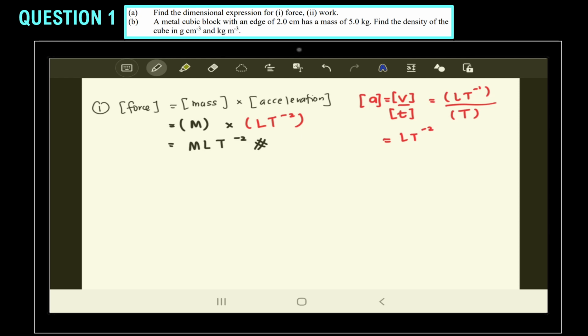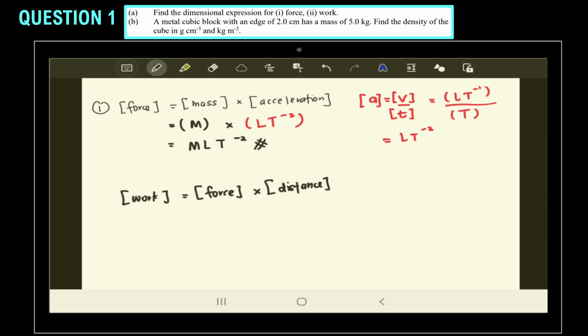Okay, alright, so next, dimension for the work. The equation of work is equal to force times distance. So we want to find what is dimension of work, and what is dimension of force times dimension of the distance. Remember W is equal to Fs.